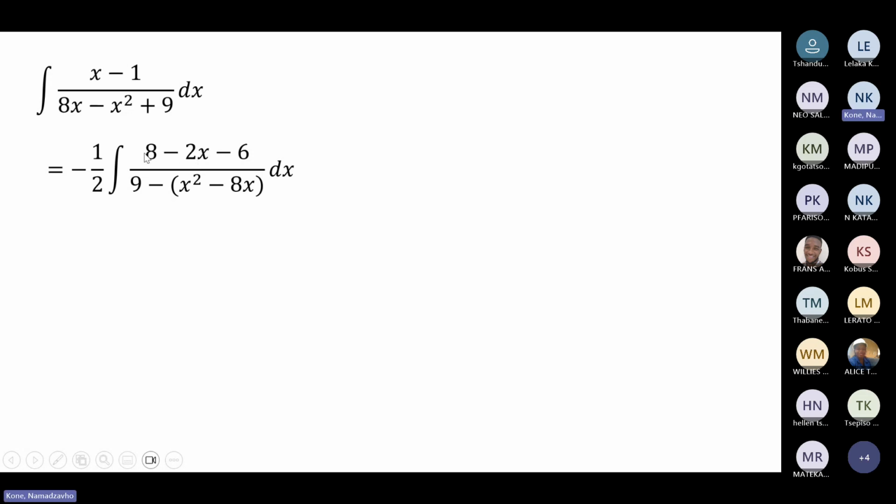But when we divide this by 2, we don't get back the 1. We get the 4. Now, what number can be subtracted from 4 to get 1? That number is 3. But remember, that number 3 is going to be subtracted from a number that has a half that was factored out. That is why that number has to be a 6.